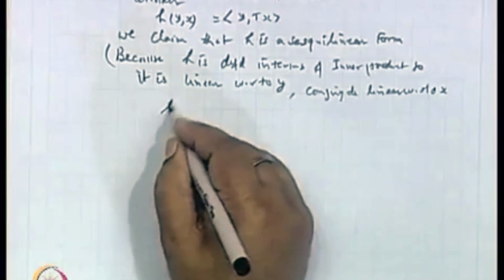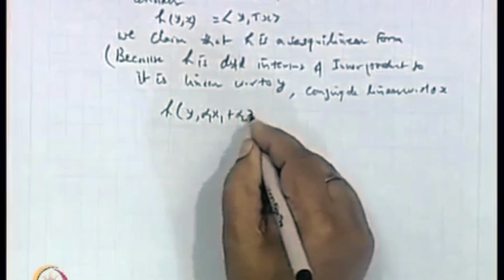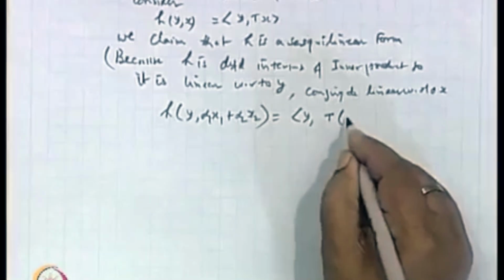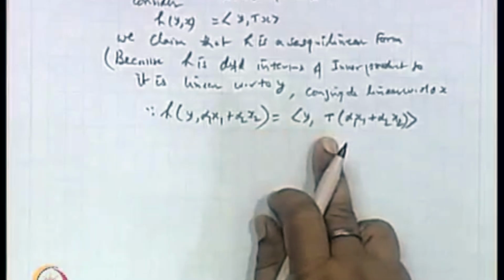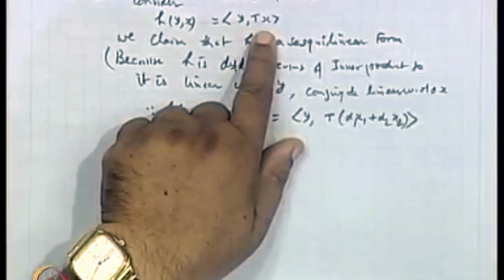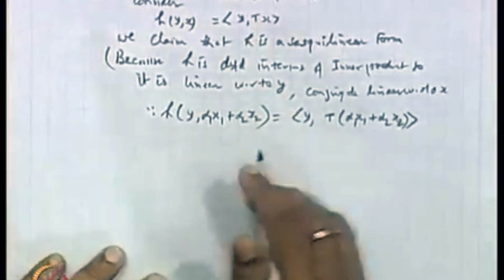with respect to x, because if I take h(y, alpha 1 x1 + alpha 2 x2), then this can be written as ⟨y, T(alpha 1 x1 + alpha 2 x2)⟩. We cannot say directly because T is given, but since the inner product is conjugate linear with respect to the second coordinate, and T is given to be linear, it will be conjugate linear with respect to x also.